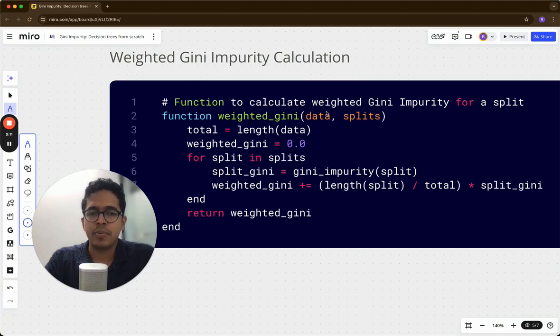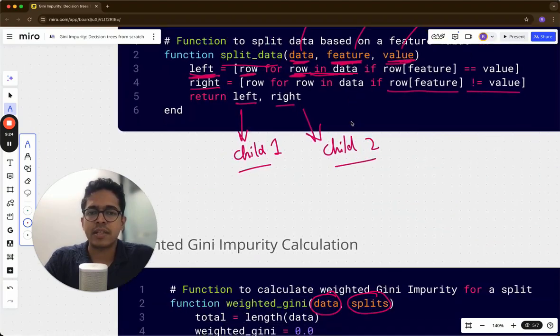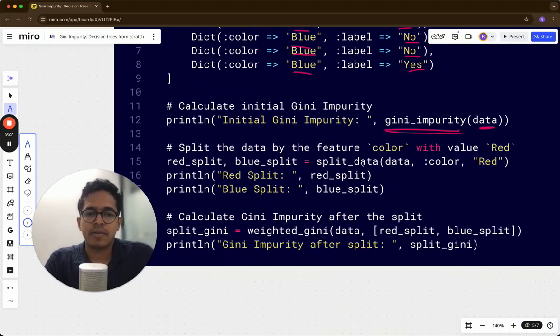So in the weighted Gini impurity calculation, we are passing the original data set, which is all the 6 rows. Then we are passing the splits, and the splits is whatever we are returning from this function. So let's look at where this function split data is being called. The function split data is being called here, and into that we are passing the data.